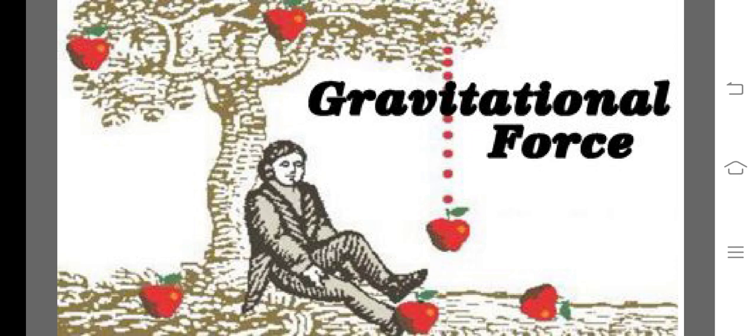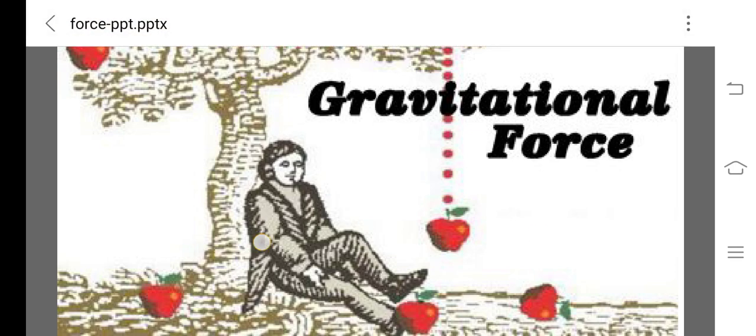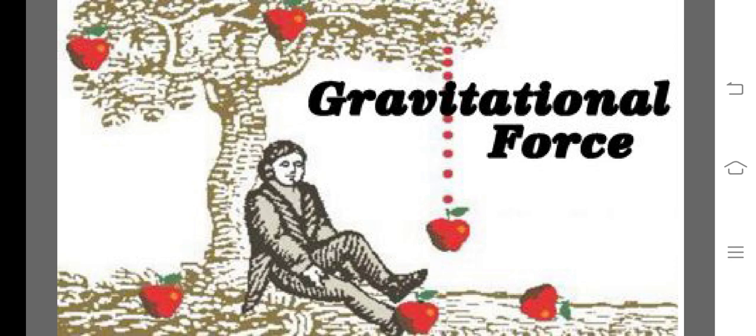So he thought that there is something that is causing the apple to go down to the ground. So that is gravitational force. It is the force of attraction between objects by virtue of their masses. It is also responsible for the weights of the bodies on Earth as well as the motion of the planets.